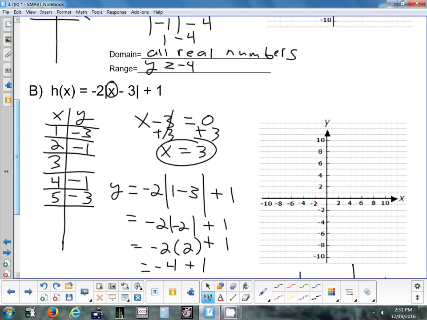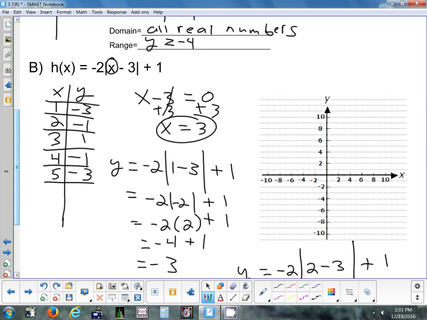Our x's are 1 through 5, so 3 is the one we're missing. What's 3 minus 3? 0. What's 0 times -2? 0. And what's 0 plus 1? 1.